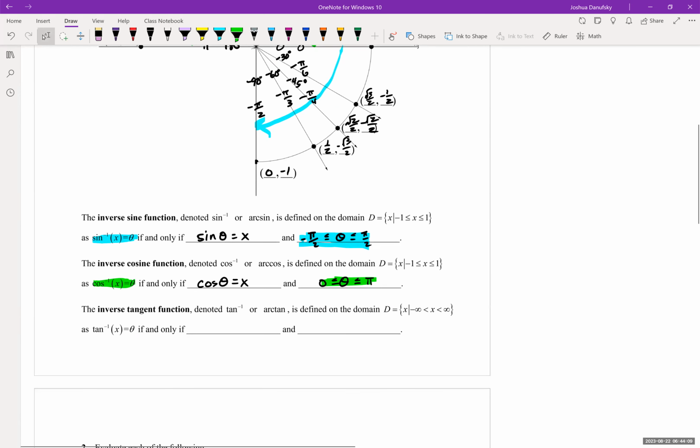Finally, tangent inverse. So tan inverse x equals theta means that tan theta is equal to x, and theta has to live between negative pi over 2 and pi over 2, and it doesn't include negative pi over 2 or pi over 2.